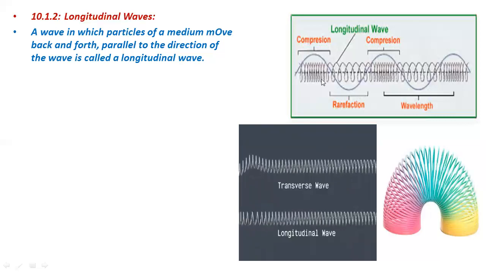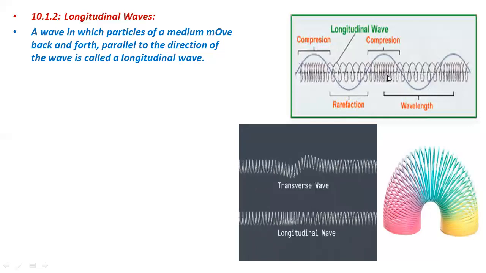You can see when the coils in the slinky spring are close to each other, those close points are called compressions, compressed, tightly packed together. And those coils which are farther apart from each other, that point is called rarefaction.